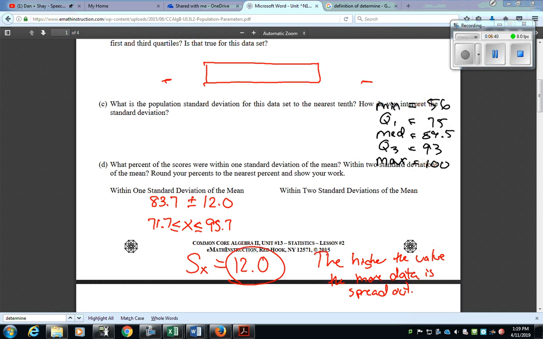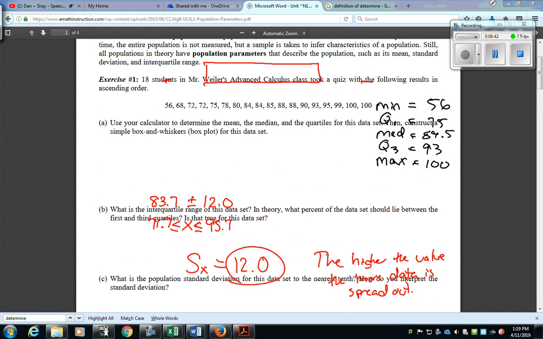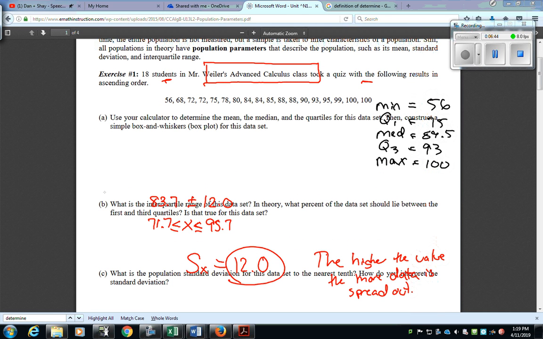So going back up to the list, anything between 72 and 96 or 95 would work. So in this case, we have from 72 to 95, which is 1, 2, 3, 4, 5, 6, 7, 8, 9, 10, 11, 12, 13 numbers of the 18. So if I want to find the percentage of that, I would divide 13 by 18.